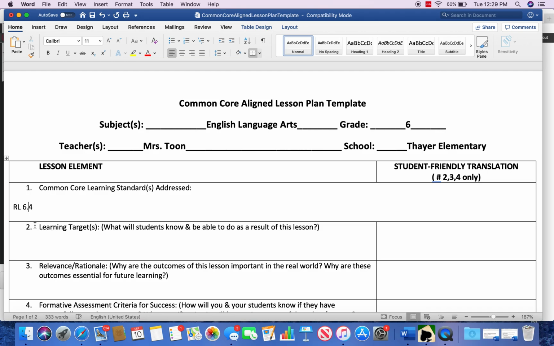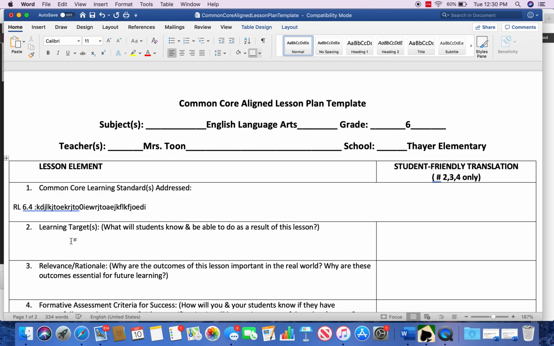I always put a point. RL 6.4, which means reading literature, grade level 6, standard number 4. And then after that, and I've already closed that out, so I can't go back and type, you would type in the actual words that are found in that standard. What is that standard specifically? So type that out in word form.